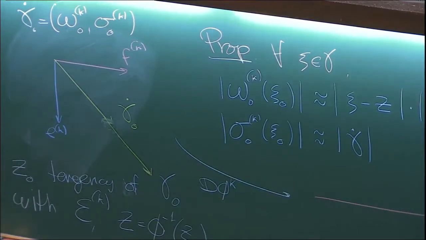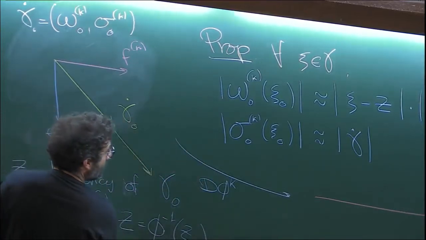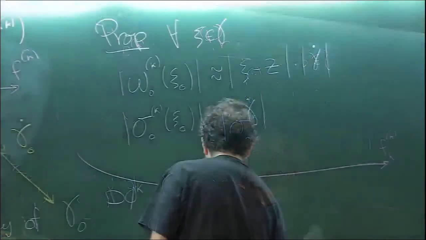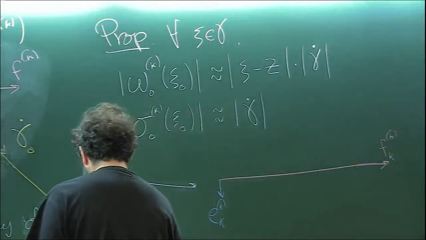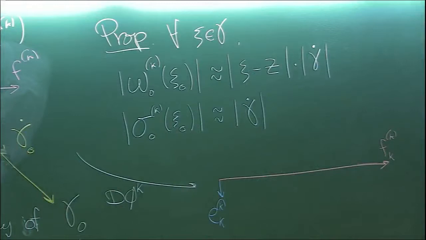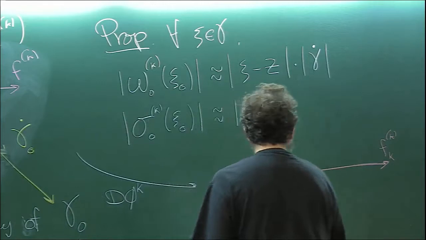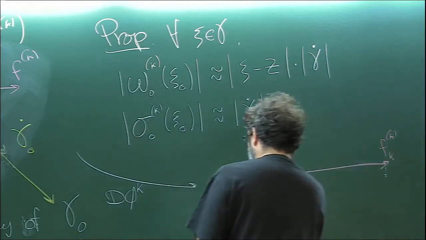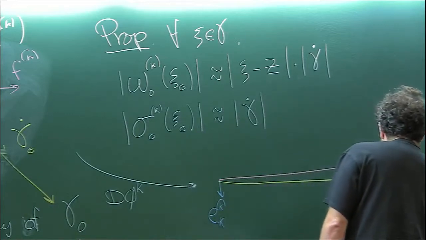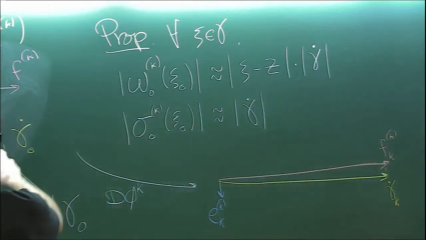This is a hyperbolic branch, and we have uniform hyperbolicity here. And then EKK is contracting exponentially fast. This is an orthogonal basis here and an orthogonal basis here, so we get a very easy calculation. Let's call this gamma dot k, which is the image of gamma dot 0.